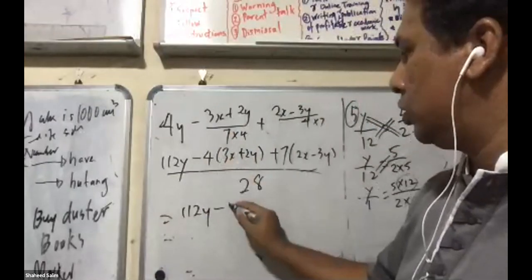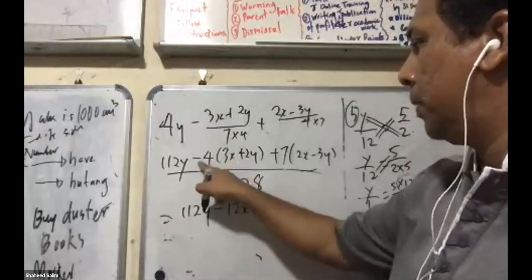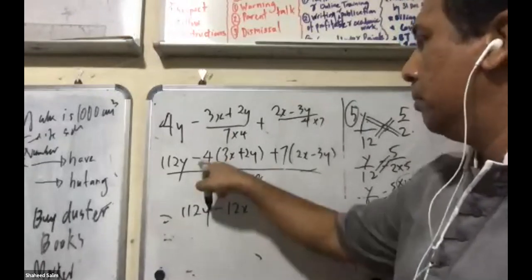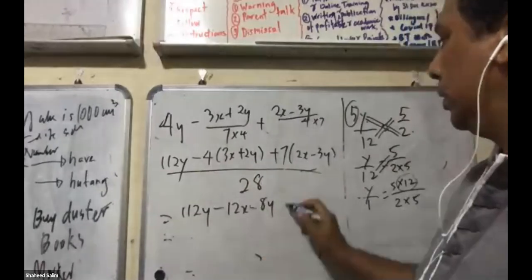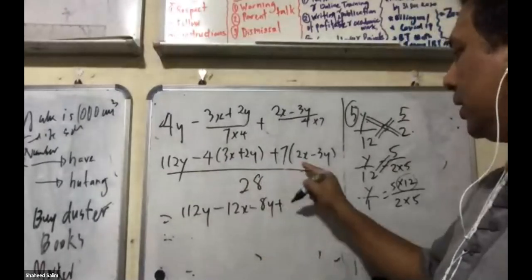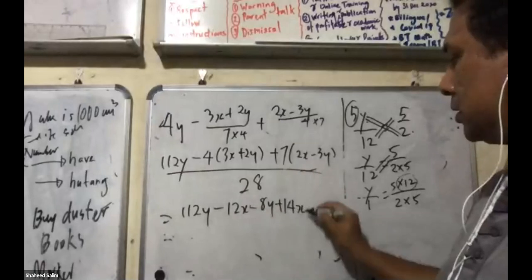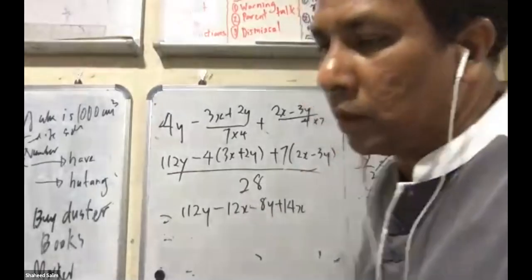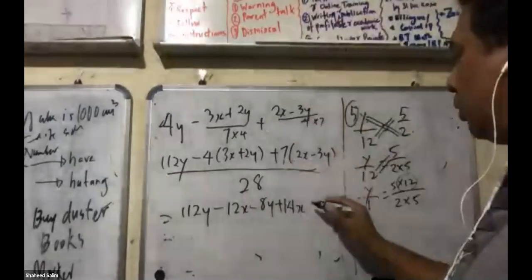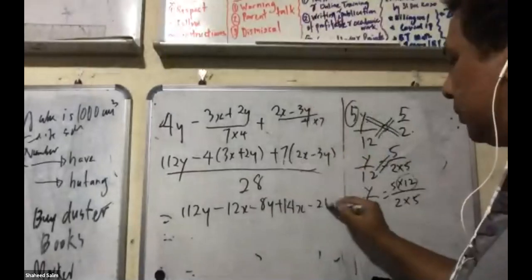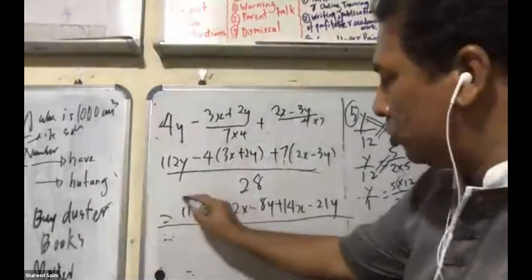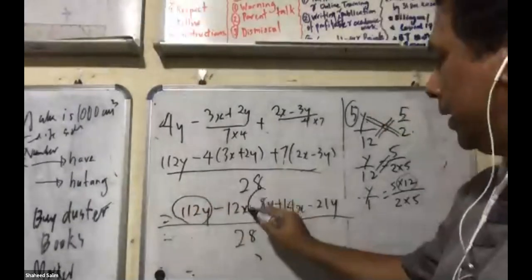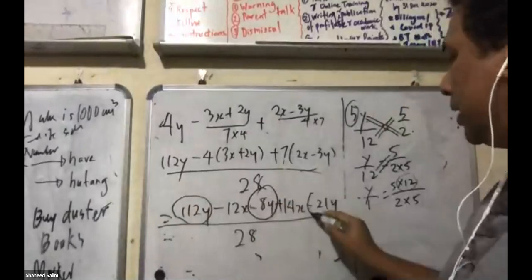Now, equals 112y. 4 times 3, 12x, minus times plus, minus. Then this one plus, right? 7 times 2, 14x. 7 times 3, 21, plus, minus, minus. Now, over 28. Let us group the y together. 112y minus 8y minus 21y.